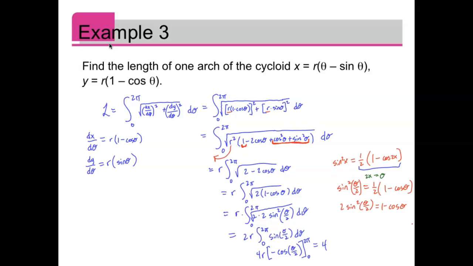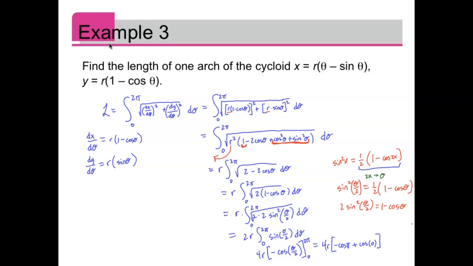All right, so 4r times negative cosine of pi when I plug in the upper limit, minus negative cosine, so actually plus cosine of 0, when I plug in the lower limit.